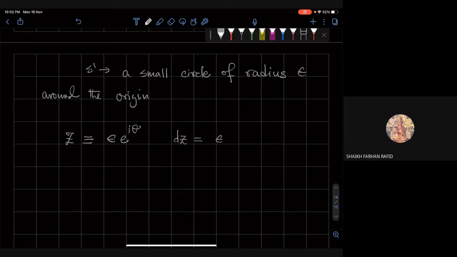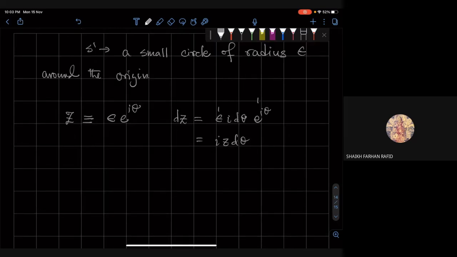So what we'll have is I epsilon d theta e to the power I theta, right? And this I can write as I z d theta.